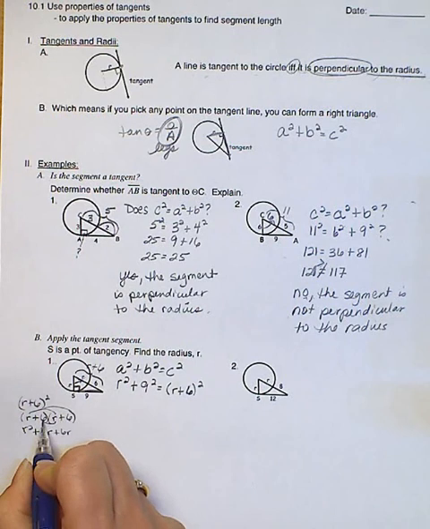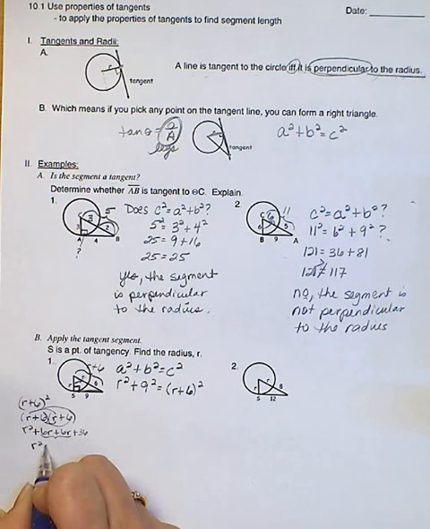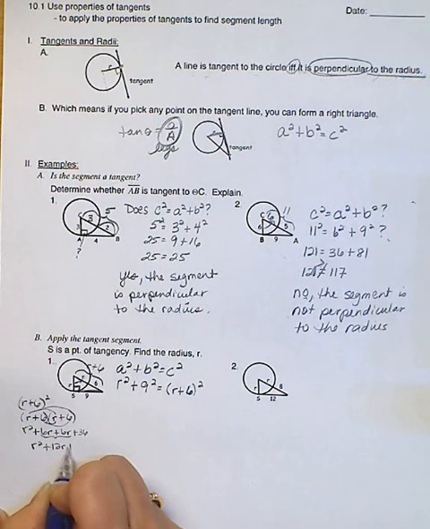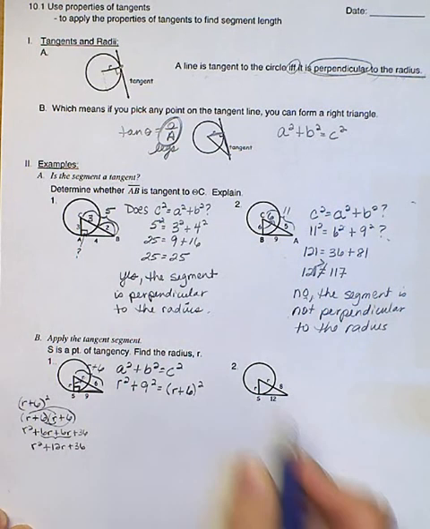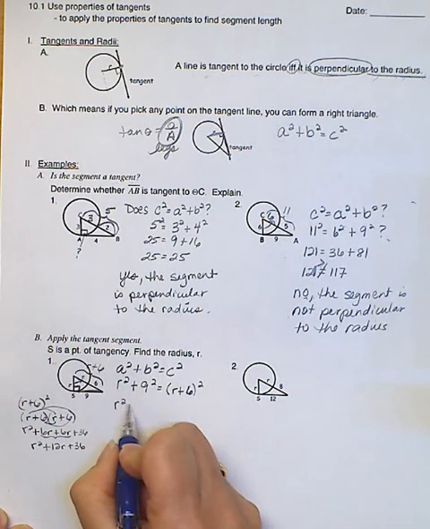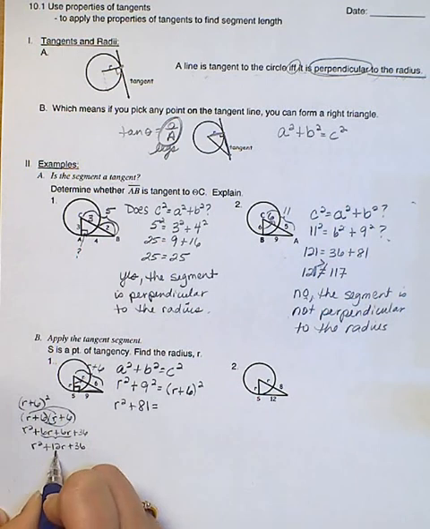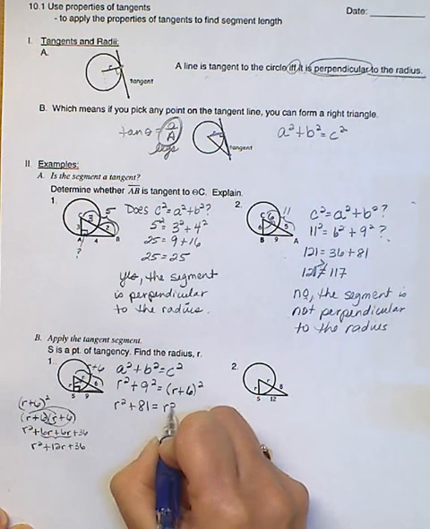We have combined like terms, so r squared plus 12r plus 36. Okay, so let's get back to our Pythagorean theorem. R squared plus 81 equals r squared plus 12r plus 36.